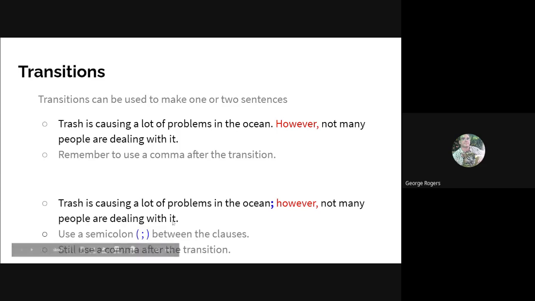So we can make one sentence out of this. If you're talking about a transition, you put a semicolon. Notice the difference here is it's lowercase because it's not a new sentence, but you still put the comma. So there's always a comma after a transition.